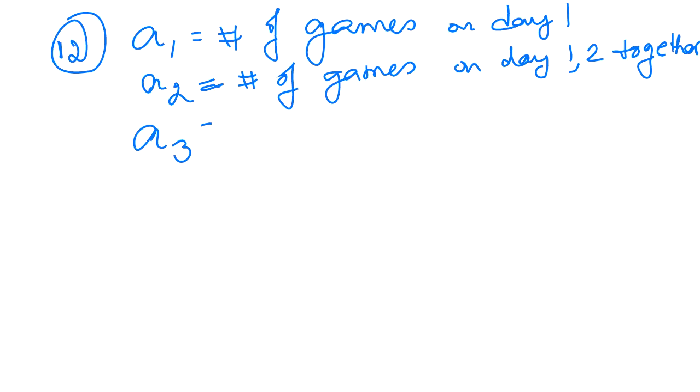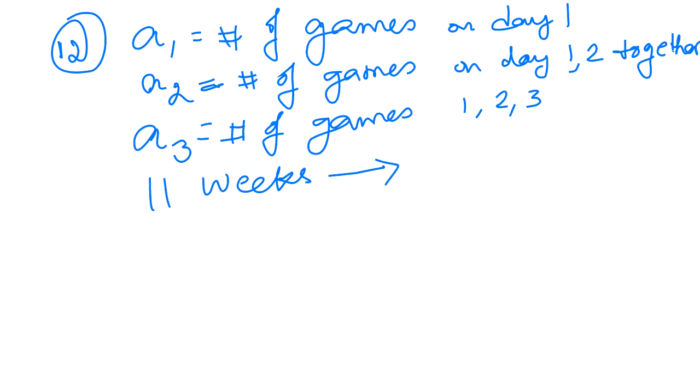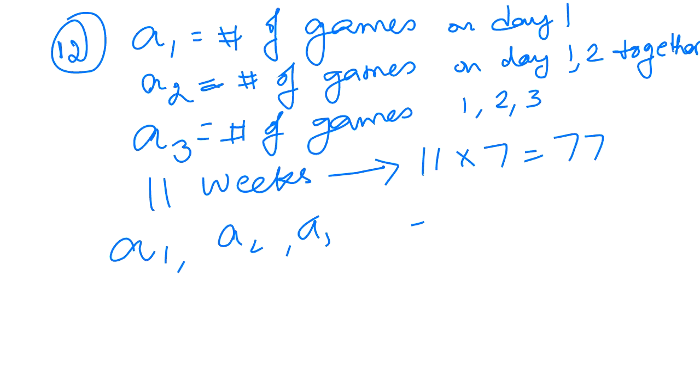A3 is the total number of games he practices on day 1, 2, and 3 together. So how many weeks does he prepare? He prepares for 11 weeks. That means in total he prepares for 77 days. And so you have A1, A2, A3, and so on up to A77. These are all the numbers you have with you.